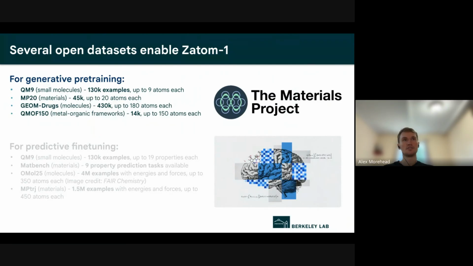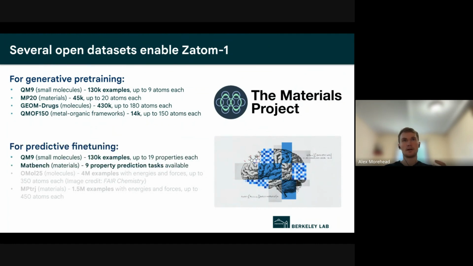We also use GEOM-Drugs for molecules, which is a larger data set, bigger than QM9, with more complex examples in it. And then we also have experiments pre-training on a collection of metal organic frameworks from a data set called QMOF. We pre-train this model in different groups, in different experiments and settings, but we'll get into those details in a little bit.